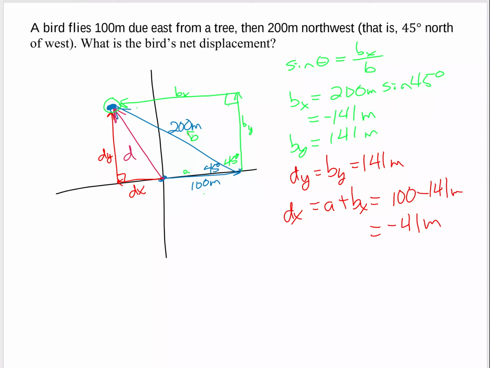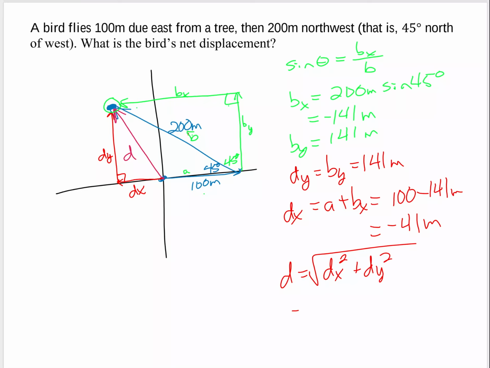Okay, now we find d. Now you have adjacent and opposite, so how are we going to find vector d? Square root of d sub x squared plus d sub y squared. And so that's the Pythagorean theorem. d equals the square root of d sub x squared plus d sub y squared.